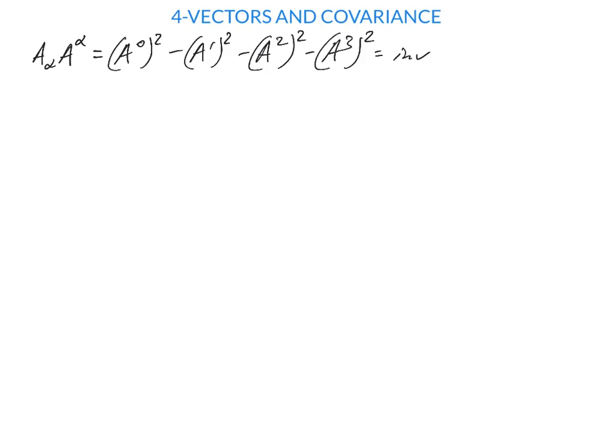In 3 dimensions, we use the word scalar to designate a quantity that doesn't change under the rotations. So here in 4 dimensions, in the same way, a scalar is a number that is invariant with respect to the Lorentz transformations. And the contraction a sub alpha, a super alpha, is a scalar.